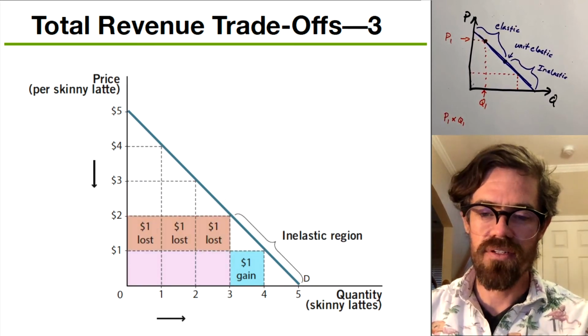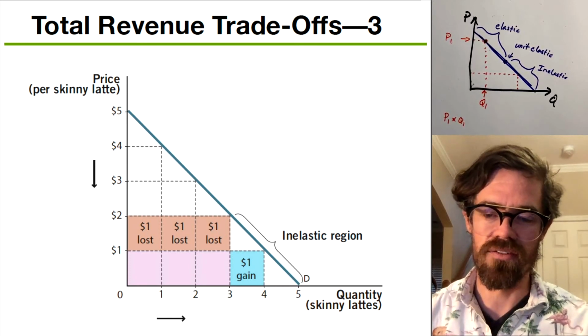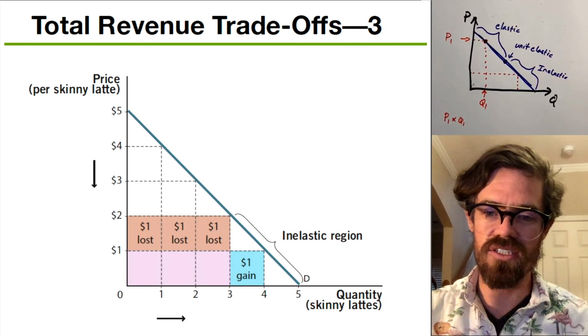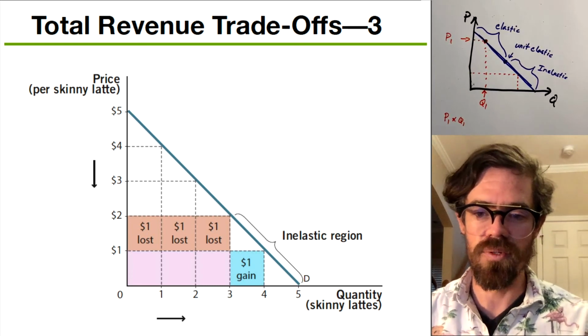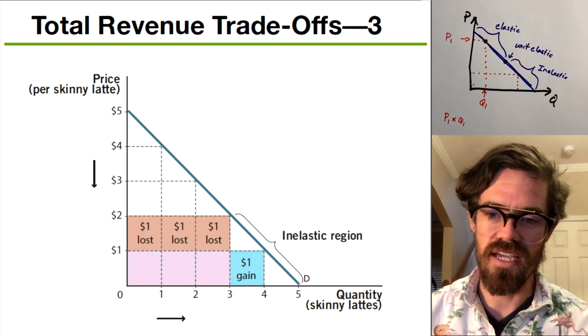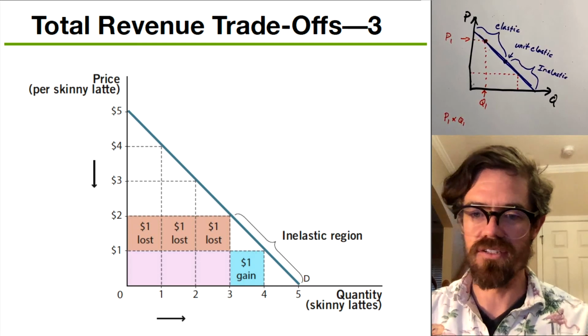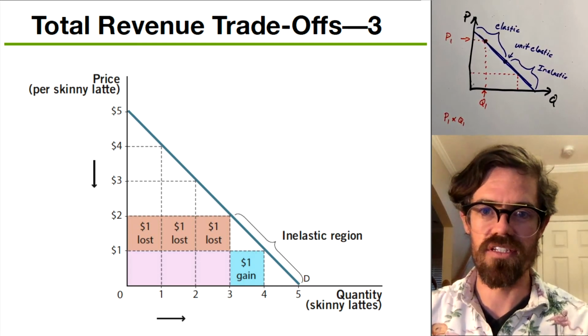If we continue, now we're in the inelastic region. We bring price down. Now we're starting to lose money, because we decrease the price by $1, so we lose $3 on each of those units we were initially selling at $2, and we're only able to gain $1 additional from selling that additional unit. Okay, so that's a nice graphical representation of what's going on here.